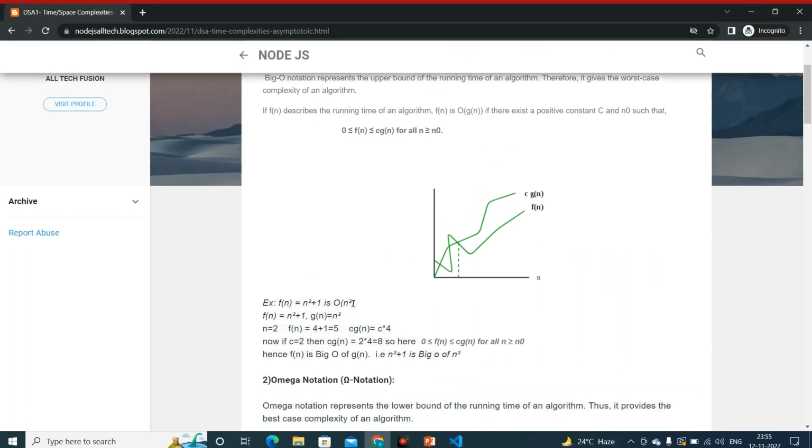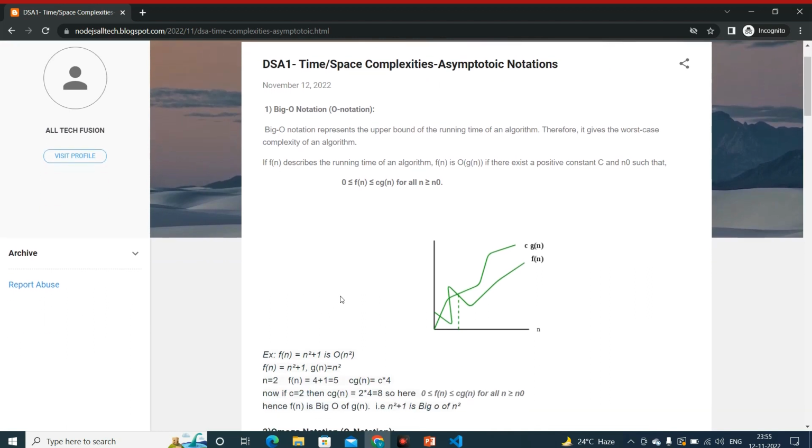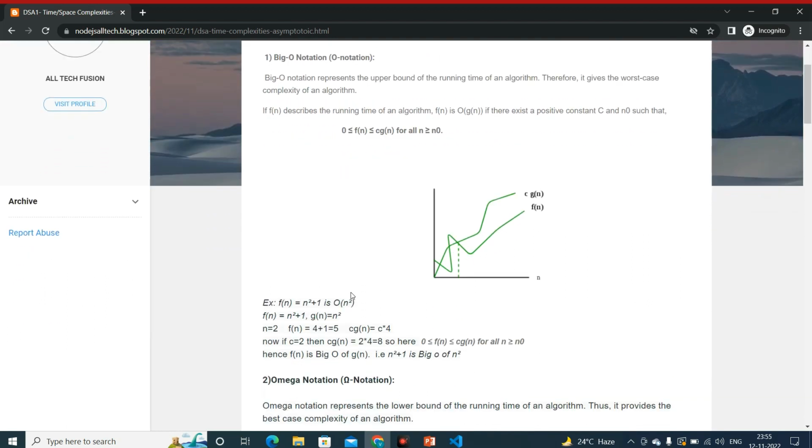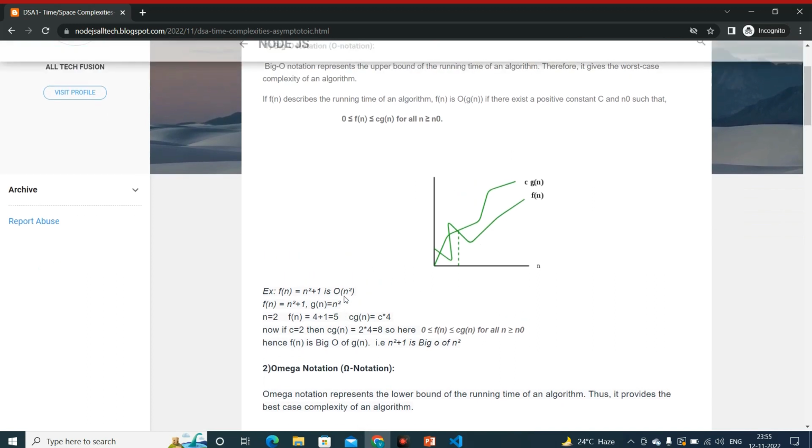So through this example we got to know that we can say the function f of n is big O of g of n if and only if f of n lies between 0 and c g of n. That's it. That is the definition and the explanation for big O notation.